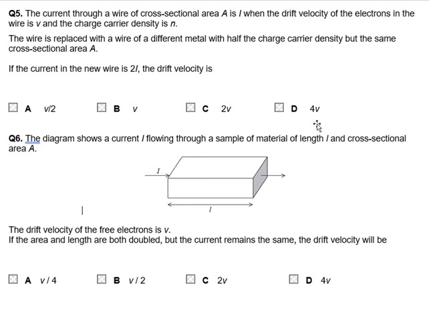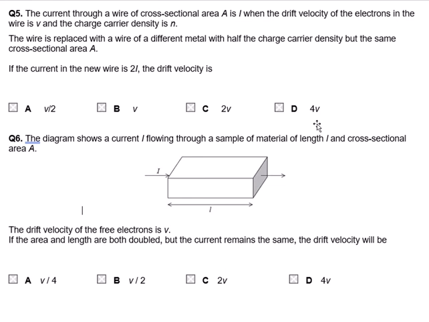And I'm now going to think about area and length. So the length makes absolutely no difference because it's not in the equation, so we can ignore that. The area is doubled, so A2 equals 2 times A1, and I'm told the current stays the same, so I2 equals I1, and I want to know what the drift velocity is going to be.